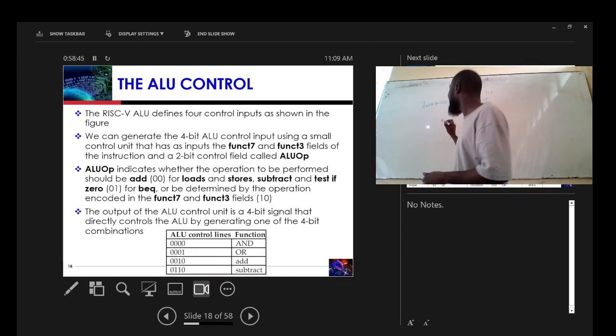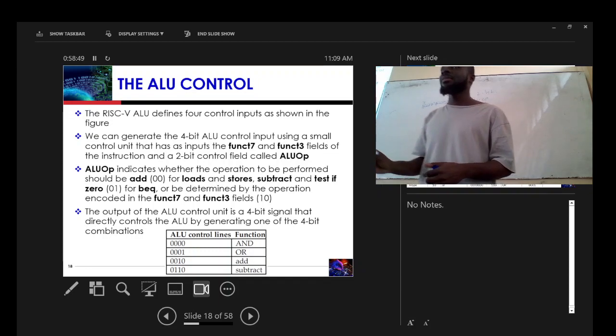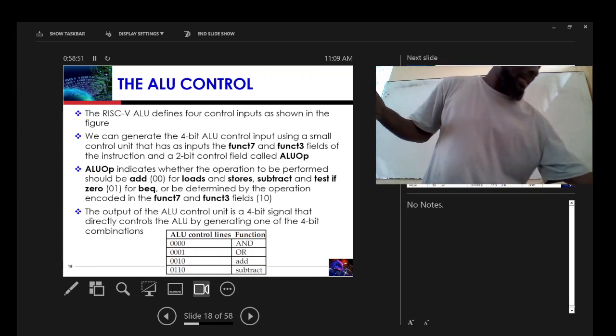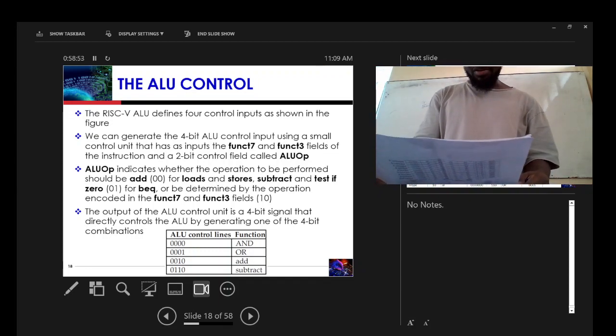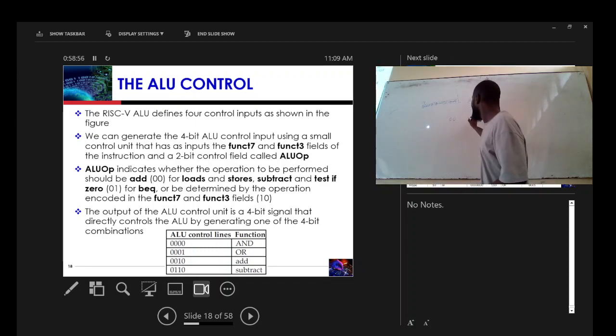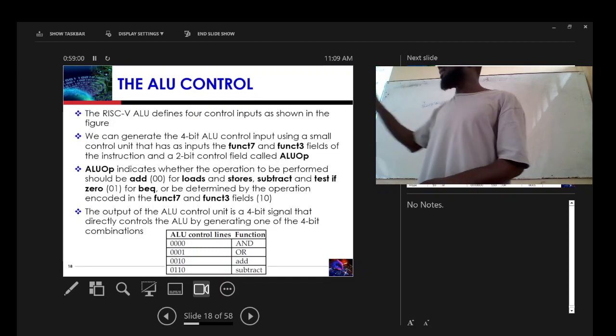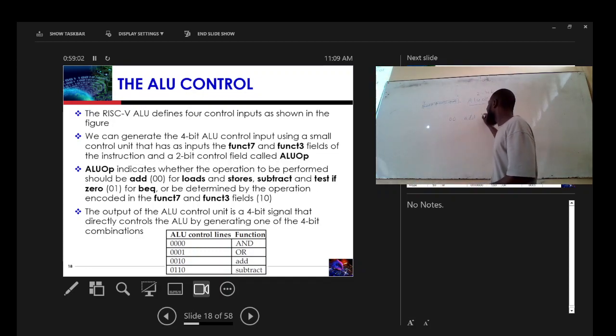So if the ALUOp is 00, we are doing an addition, but this addition is for SD and LD.